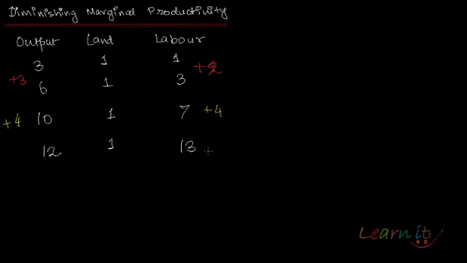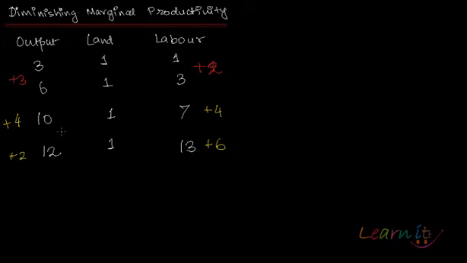Then 6 units of labor were added, output increased by 2 units. So your productivity is falling. Your marginal productivity is falling.